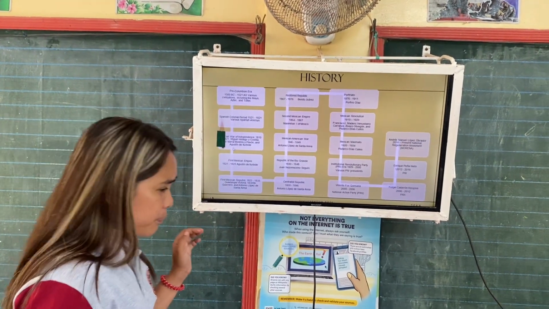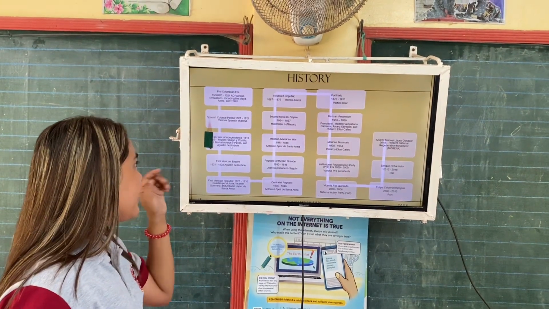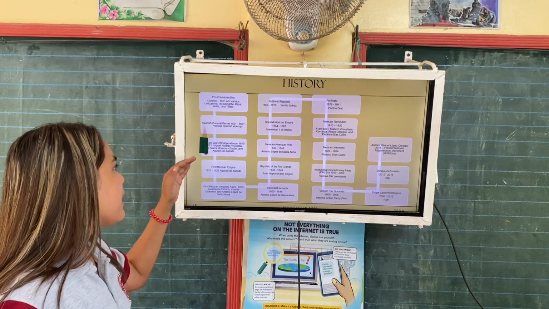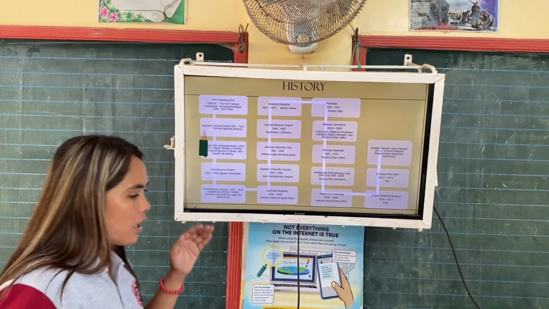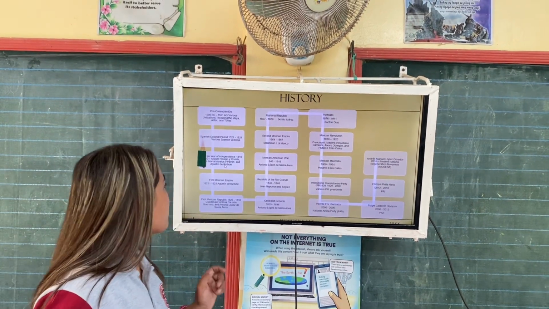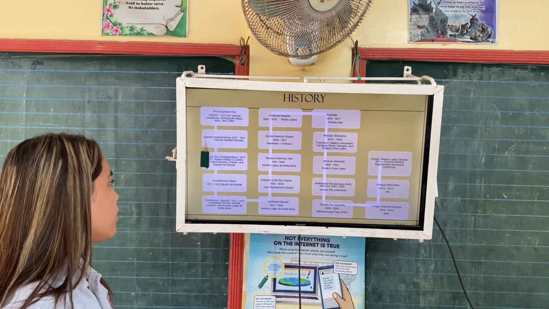And then the next is the Mexican War of Independence, which happened in 1810 to 1821. The leaders are Miguel Hidalgo y Costilla, Jose Maria Morelos y Pavon, and Agustin de Iturbide.